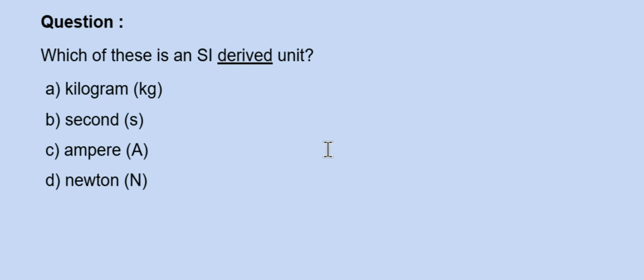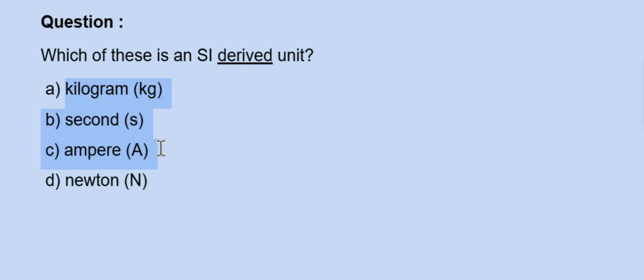So, question: which one of these is an SI derived unit? A, kilograms. B, seconds. C, amperes. Or D, newtons. So the correct answer, if you were paying attention, is newtons. Why? Because kilograms and seconds and amps are all base units. A kilogram is just a kilogram.